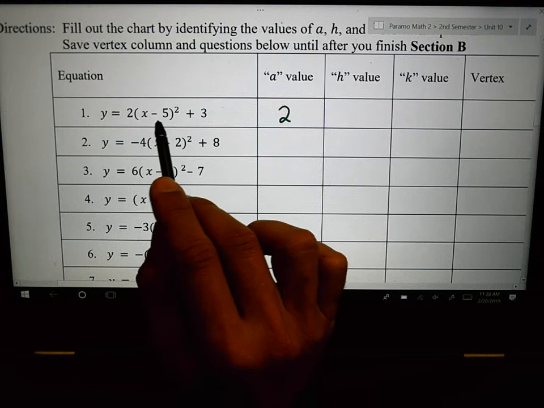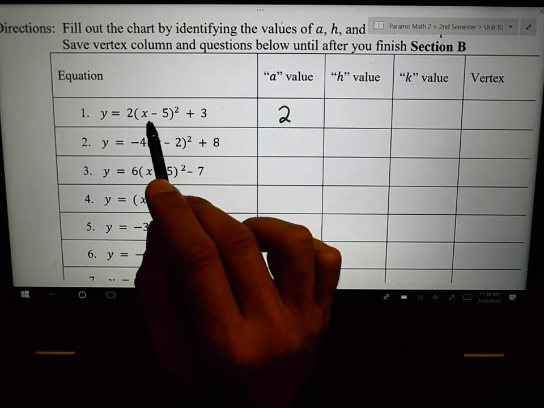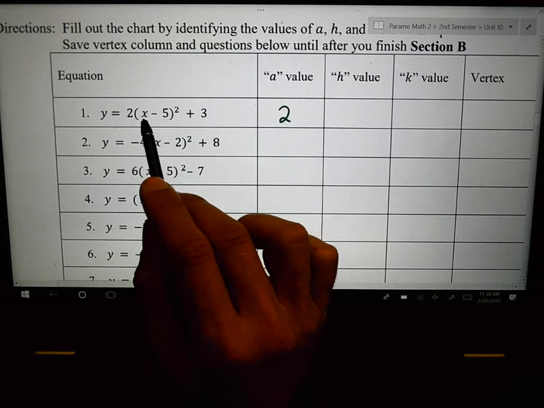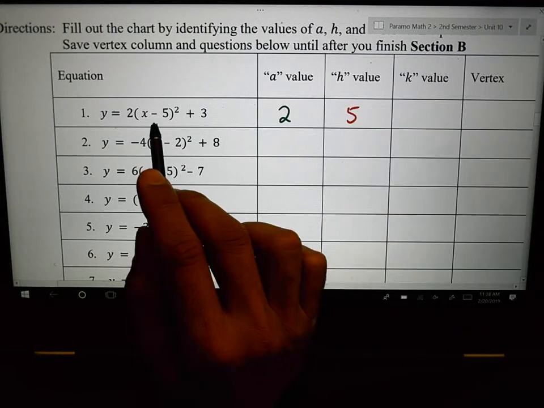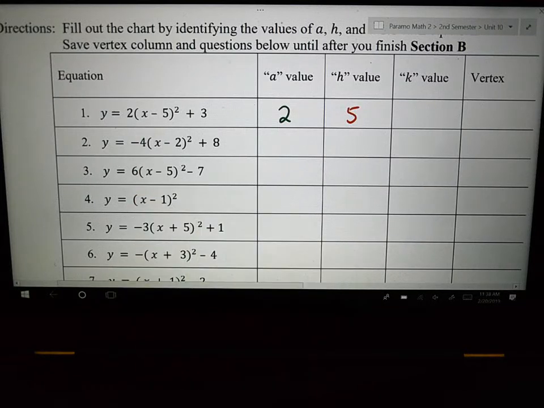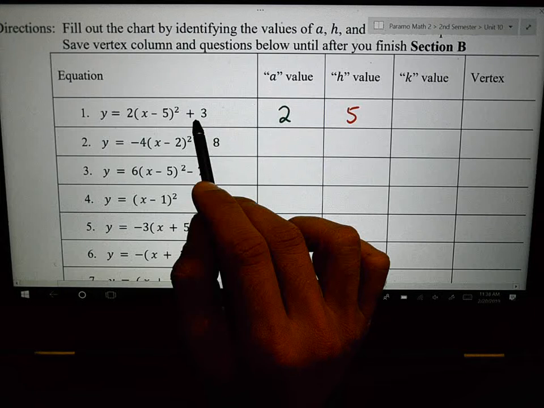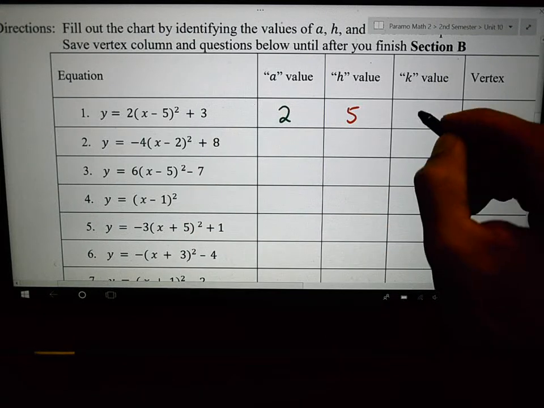My H value is the opposite of this. Remember how it's minus H? What are we subtracting? We're subtracting a 5. Don't think of it as a negative 5. Think of it as the opposite of a minus 5. It's a positive 5. The K value is the same as this plus 3, which is 3.